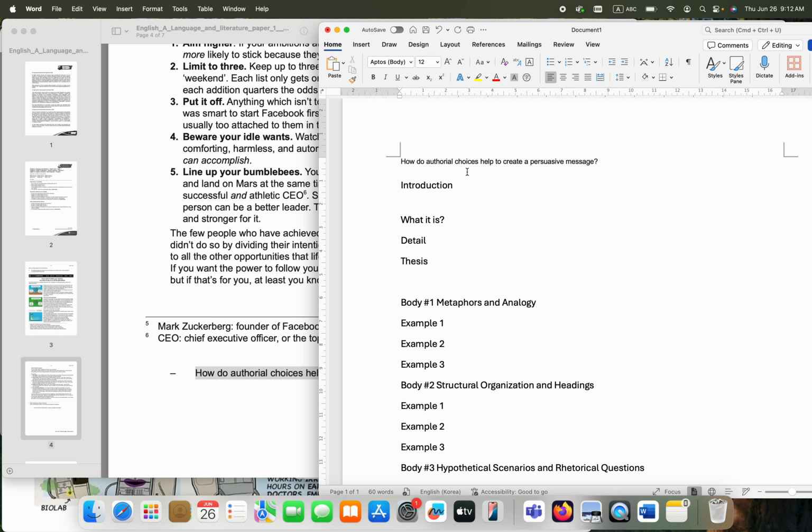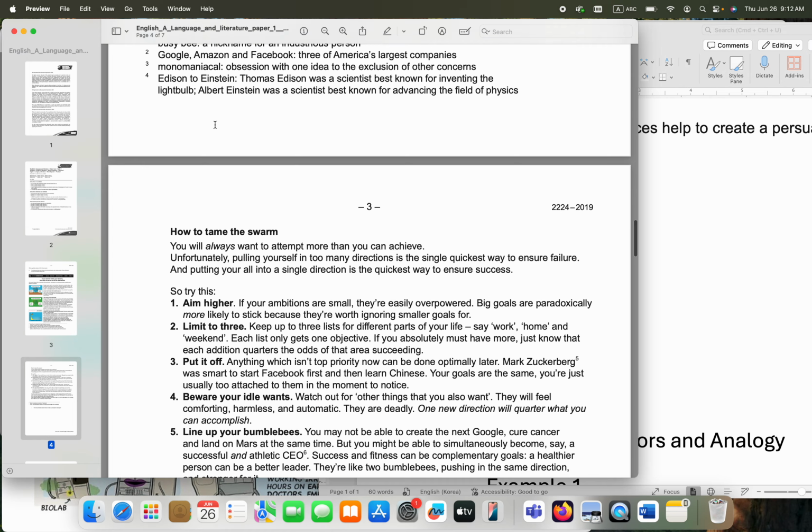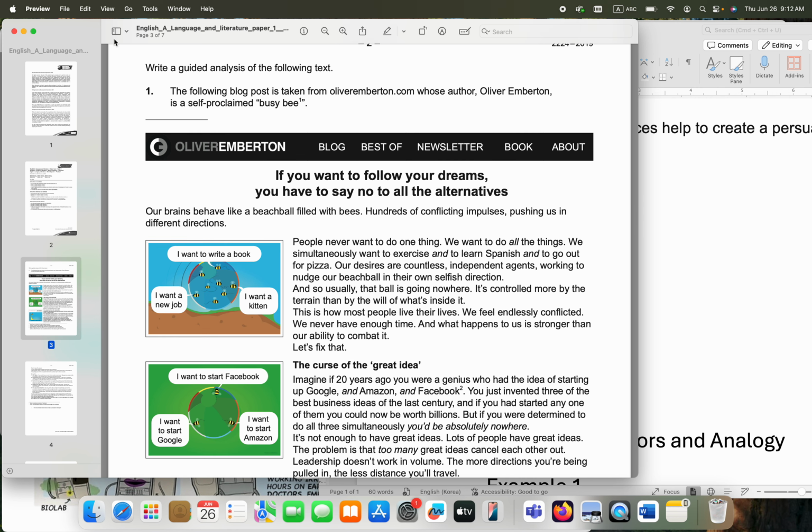So let's start with the introduction. So what it is. We can see that it says this is a blog post taken from this website, and you can basically just copy and paste that.